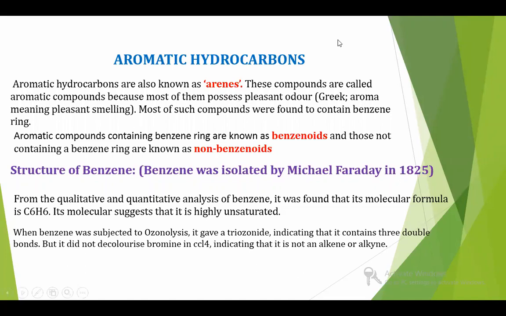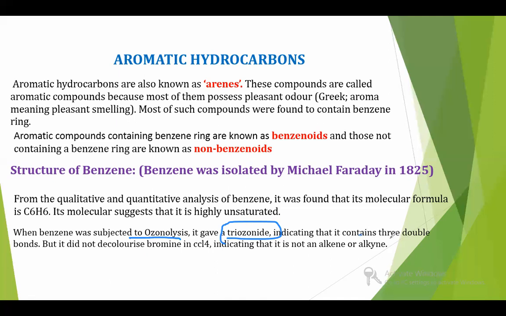To check the degree of unsaturation, we do the ozonoid test. When treated with ozone, it forms an ozonoid, and from that we come to know that the compound is unsaturated, where double bonds are present. When benzene is treated with ozone, it gives a triozonoid, with three ozone groups, O3, attached to 3 carbons.